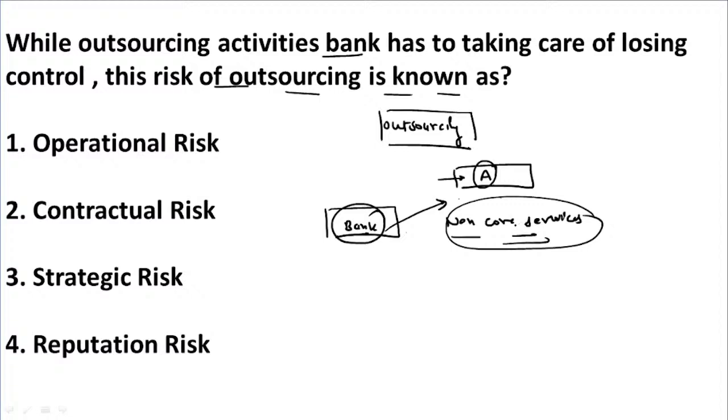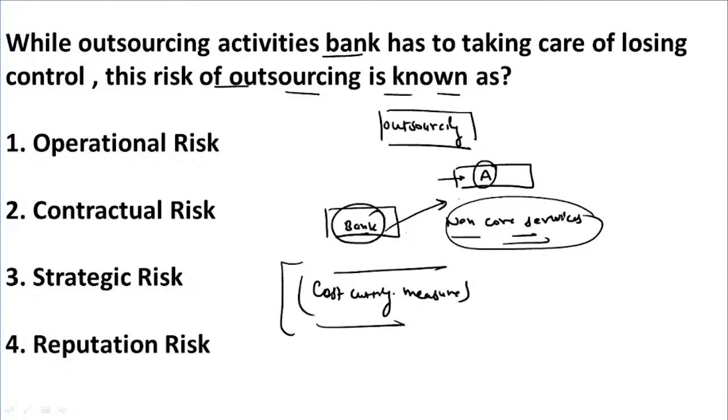It is a practice of hiring a party outside the bank to provide services or create goods, and it is usually undertaken by the company as a cost cutting measure. This is also very important to understand: banks usually use this model for cost cutting.